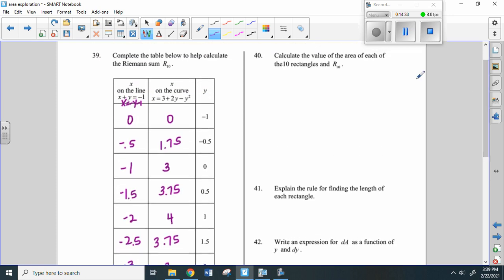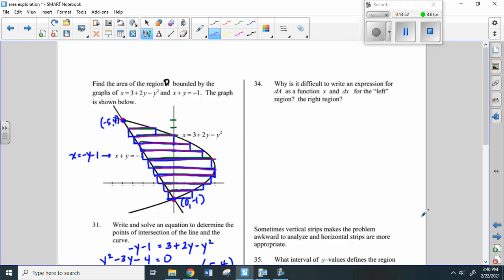Now we're going to use those values to calculate the area of each of those rectangles. It really doesn't matter which way you label them. If we go back to the picture and we want to start down at -1, we can call that rectangle 1, 2, 3, 4, labeling them up to 8, 9, and 10.